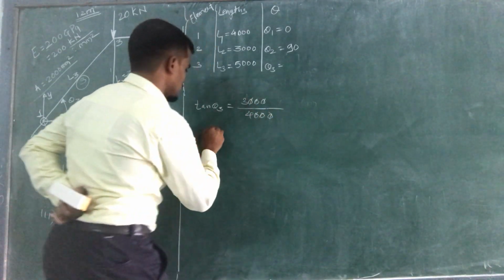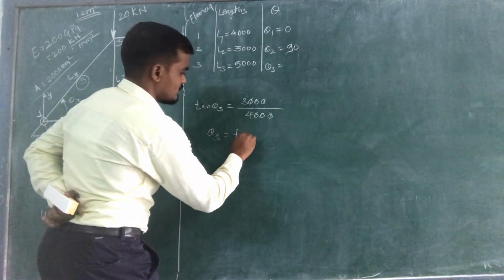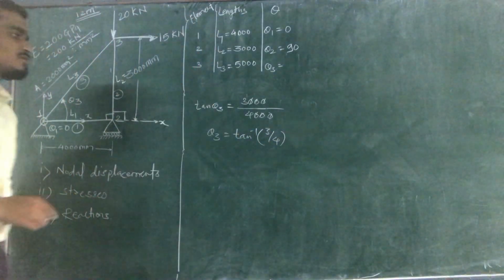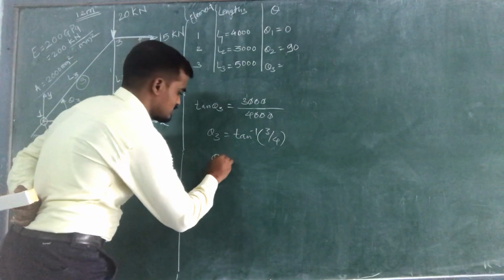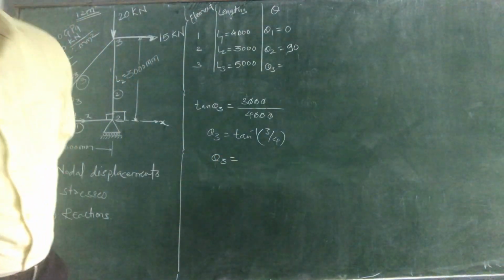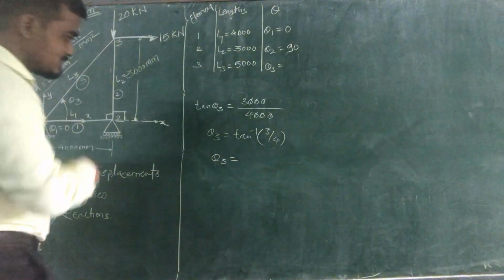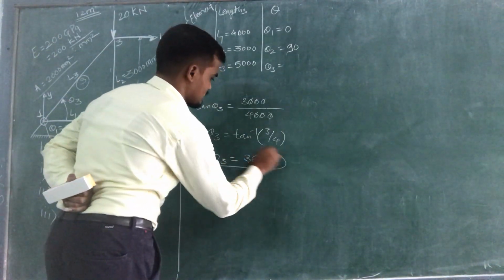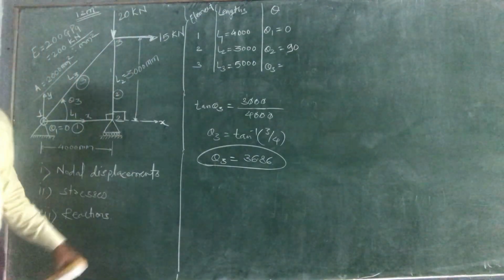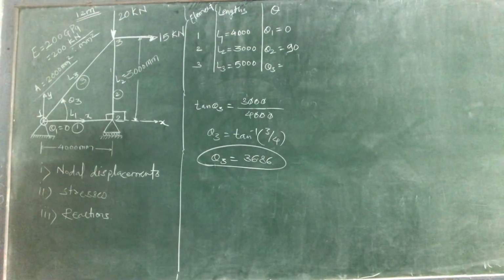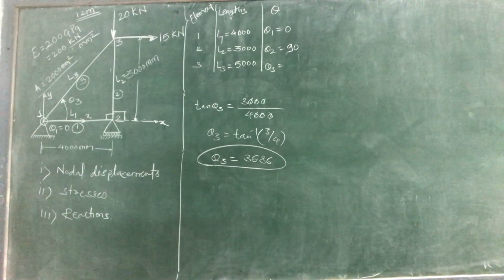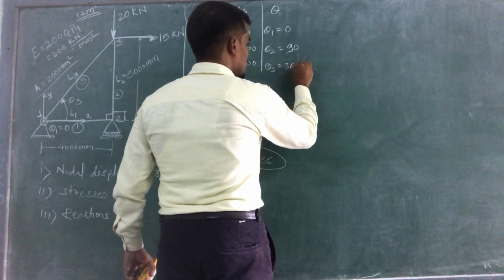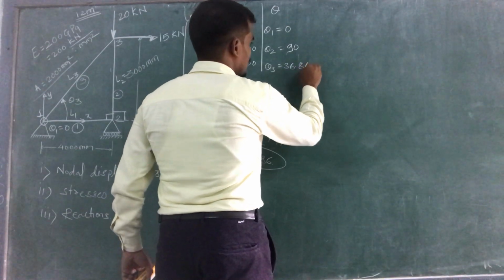It means theta 3 is equal to tan inverse of 3 by 4. So tan inverse of 3 by 4 gives theta 3 equal to 36.86. Okay. In this way you will get the theta 3 value.